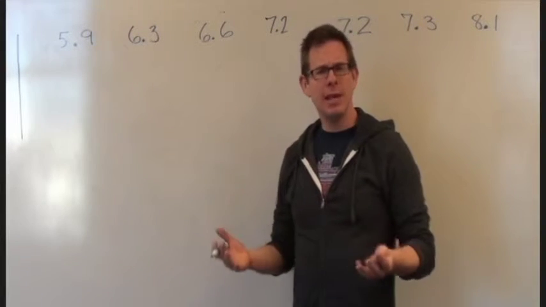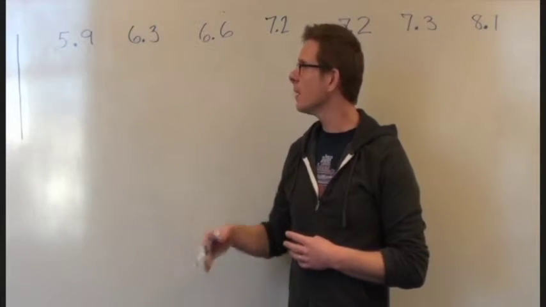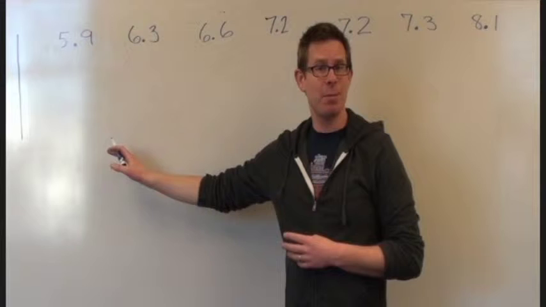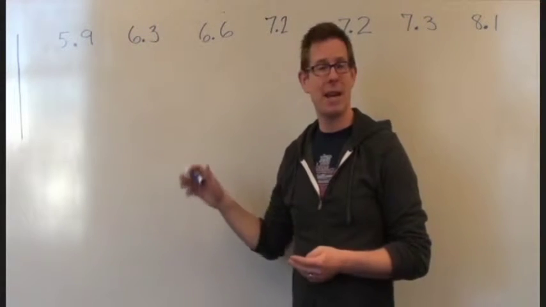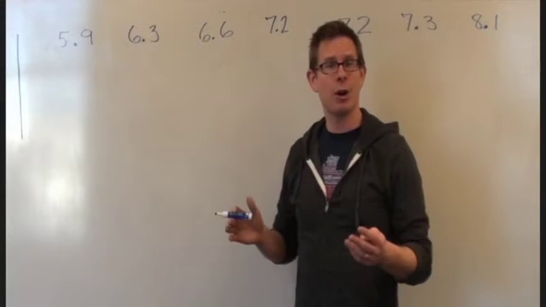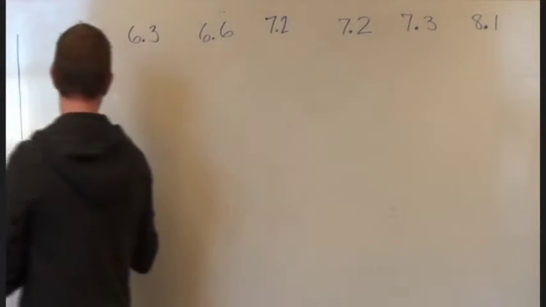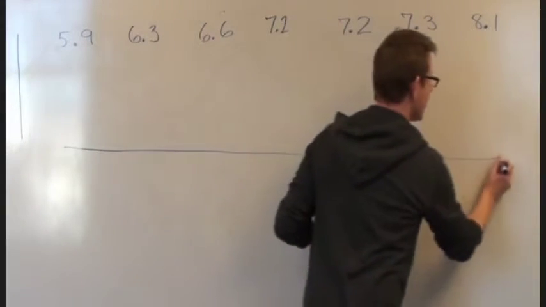So instead of getting too worried about spacing it out so everything fits perfectly, I'm just going to make a graph that goes from 5.5 to 8.5. That way I can make a mark at every distance of a half, and then just figure out where my points go. For example, so we're going to go from 5.5 to 8.5.